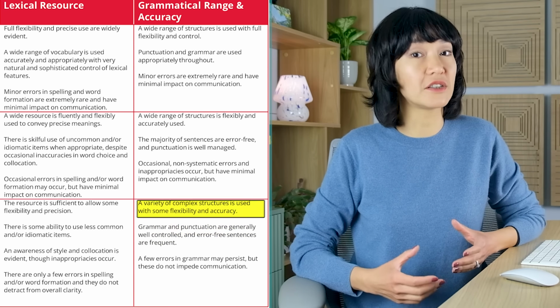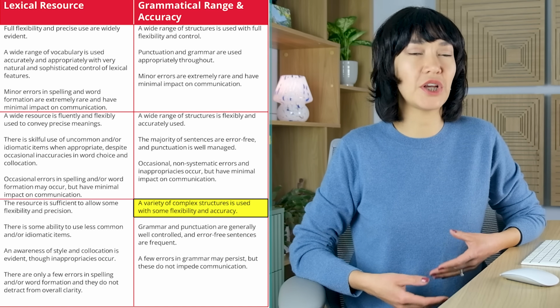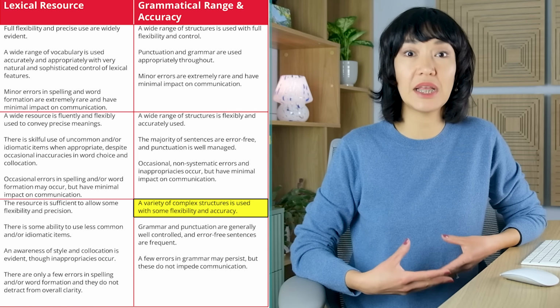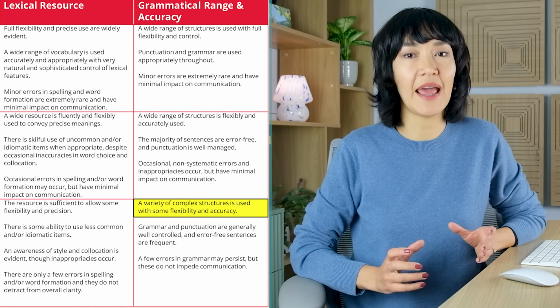And complex structures are needed, but these are different types of sentences: gerunds, comparisons, the passive voice, and so on. So you don't need to make your writing extra complex. And it's true that you can't get a Band 7 with "this is an apple and this is a banana," but avoid overcomplicating things.